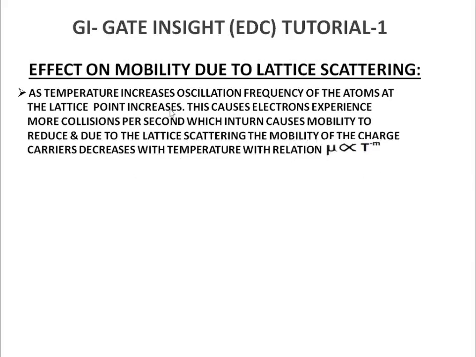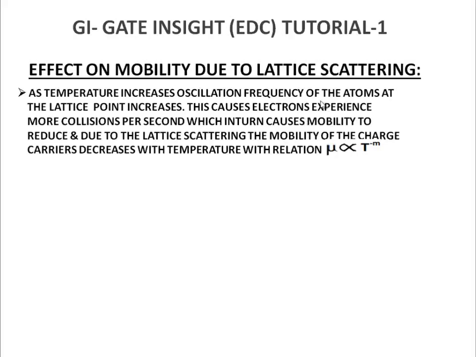Due to lattice scattering, the mobility of the charge carriers decreases with temperature with the relation mu proportional to T to the power of minus M. What they are discussing here is that as the temperature increases further, there is oscillation in the atoms. Because of the oscillation, there are more collisions of electrons.